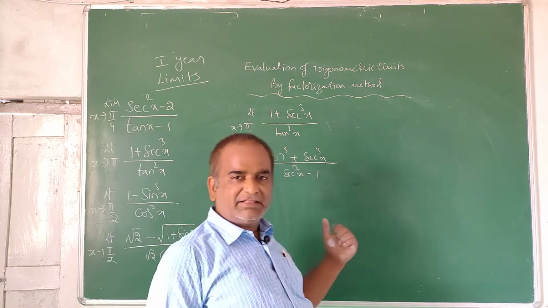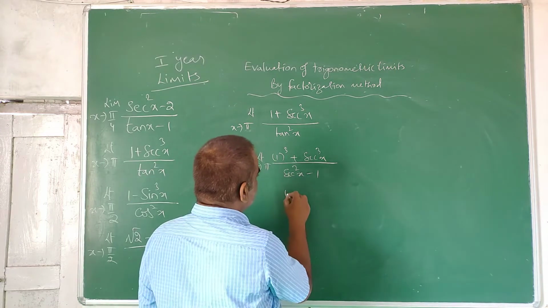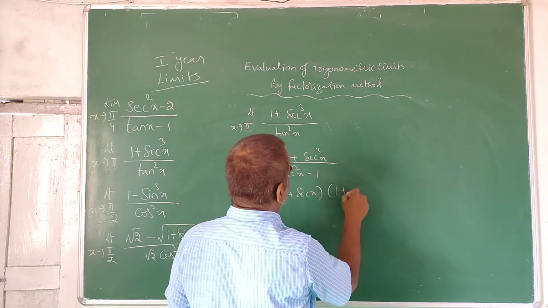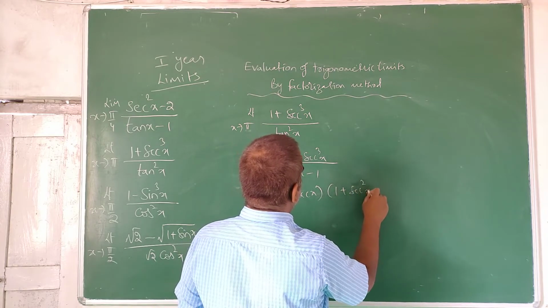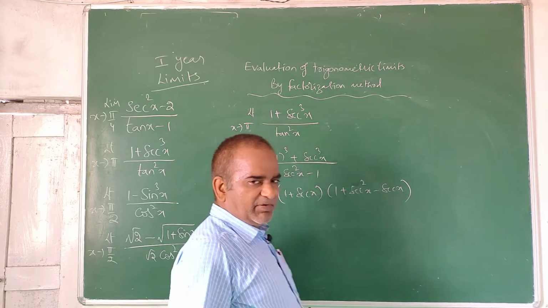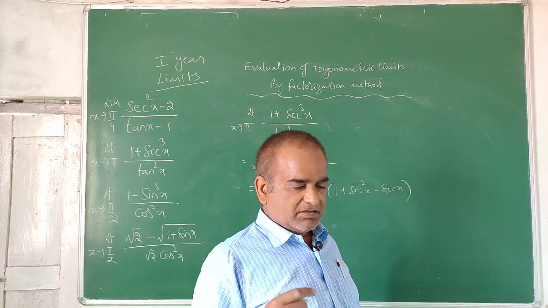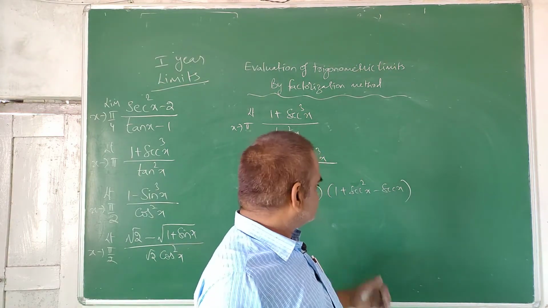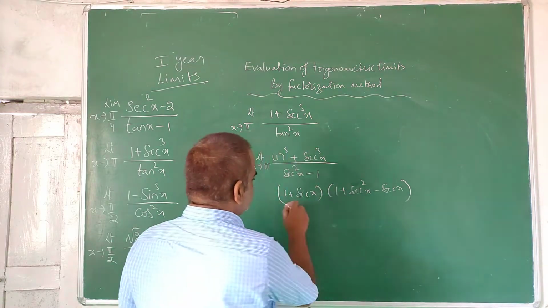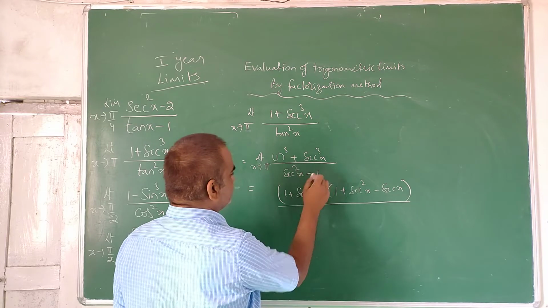Now you expand this in a cubed plus b cubed form, which gives you (1 plus secant x) into (1 plus secant squared x minus secant x), because a cubed plus b cubed is equal to (a plus b) into (a squared plus b squared minus ab). And this is by secant squared x minus 1.